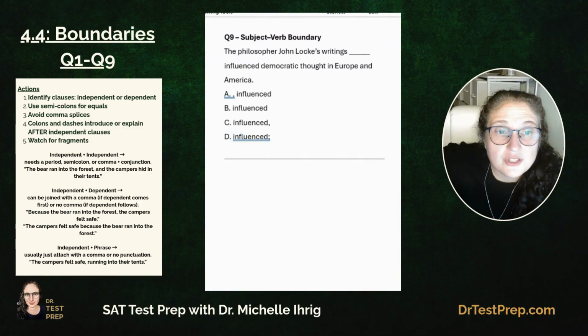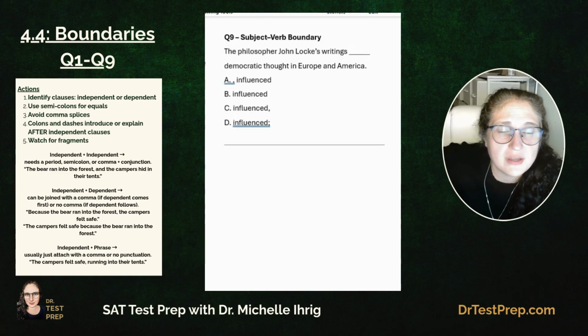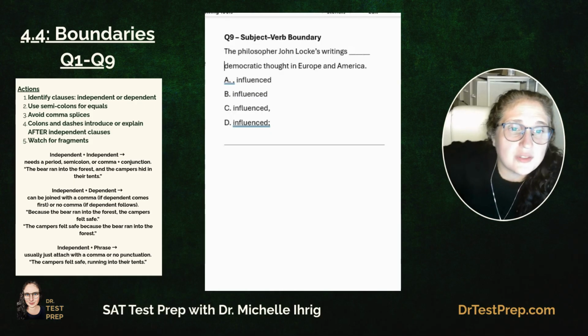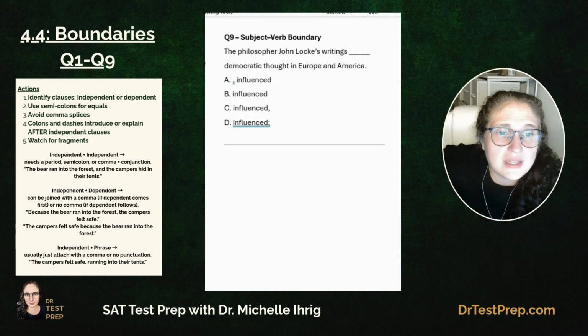The philosopher John Locke's writings blank influenced. Oh, this word "influenced" should have come out because I already had it there. Apologies. The philosopher John Locke's writings influenced democratic thought in Europe and America. Okay. Again, we have to have some kind of verb. Our verb is "influenced."